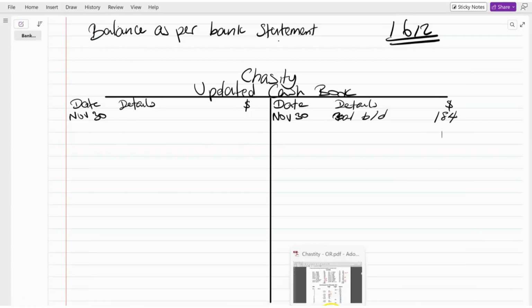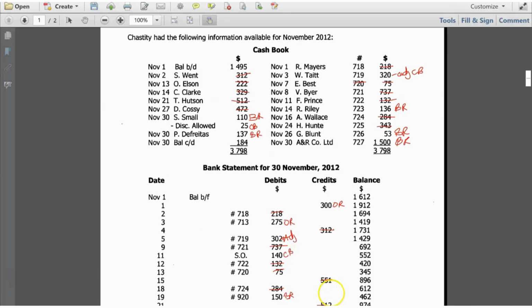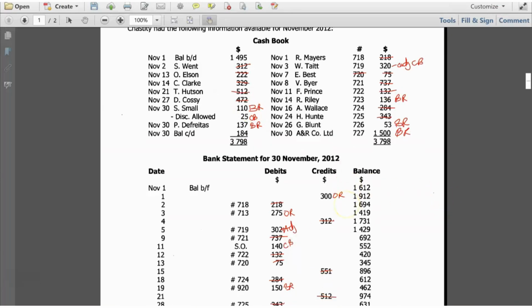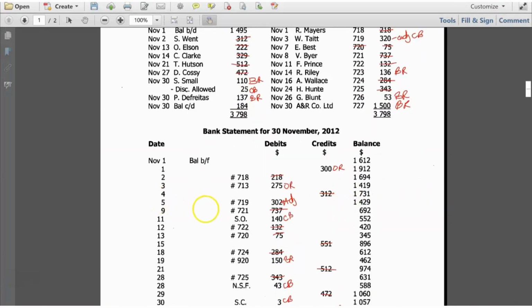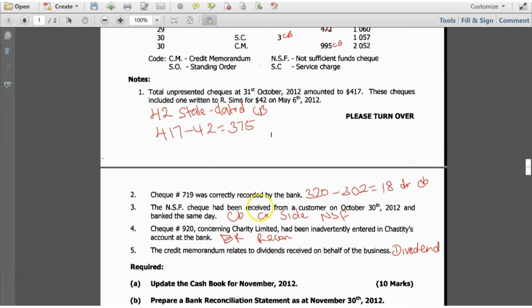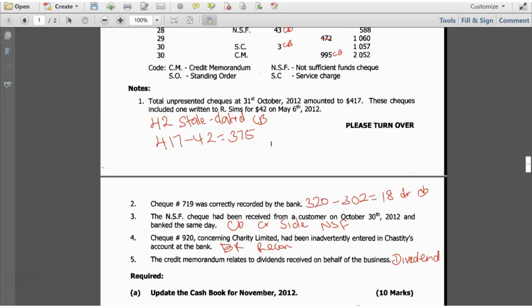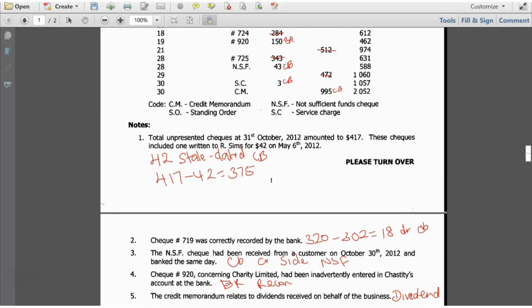Let's review the statement and see what else we can put in our updated cash book. So we can start off with this adjustment for check 719. Our note told us, let's review the note one more time, that actually, no, before we start off with the check, let's just look at the first note we have here.